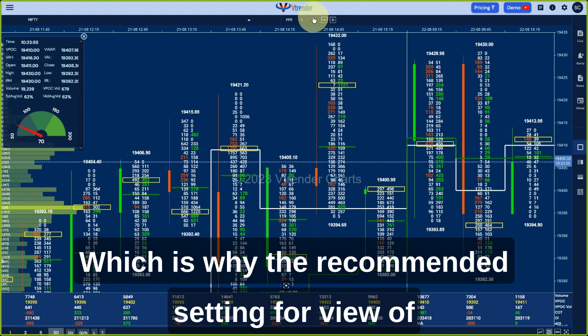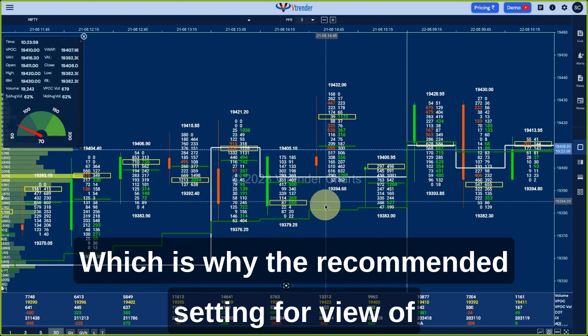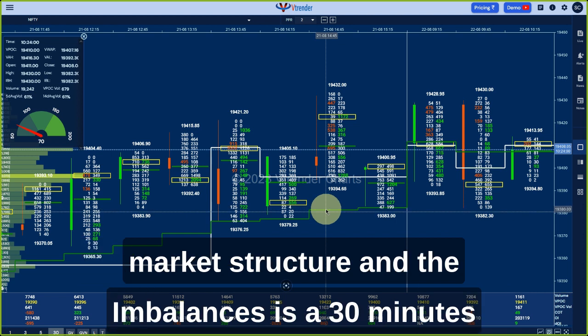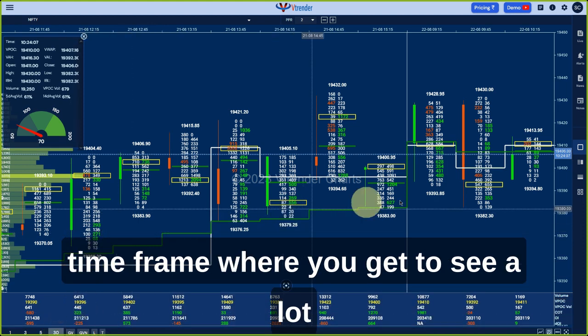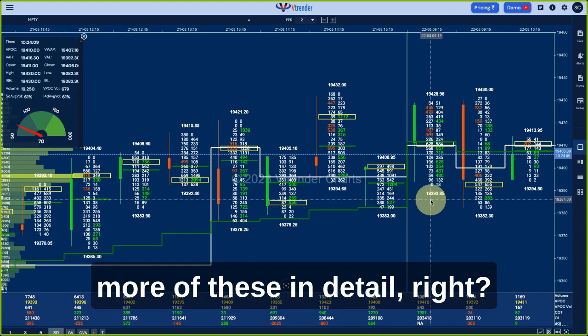which is why the recommended setting for a view of market structure and the imbalances is a 30-minute time frame, where you get to see a lot more of these in detail, right?